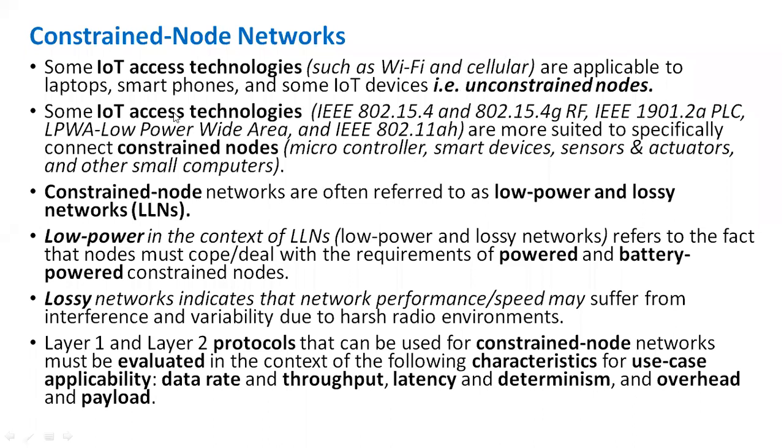Then some IoT technologies are suitable to connect only constrained nodes. Those IoT access technologies are IEEE 802.15.4 and its next version, 15.4g with RF, that is radio frequency, then IEEE 1901.2a PLC, low power wide area, and 802.11ah. These are examples of IoT access technologies suitable to connect constrained nodes.